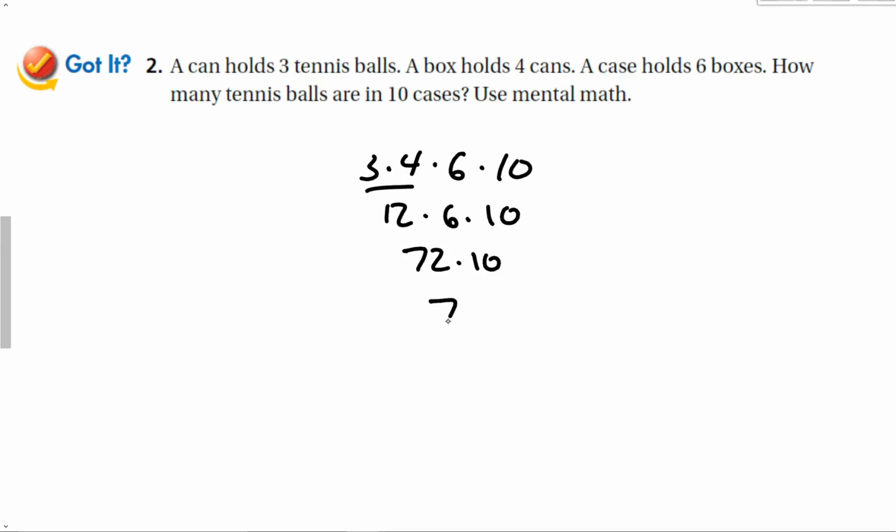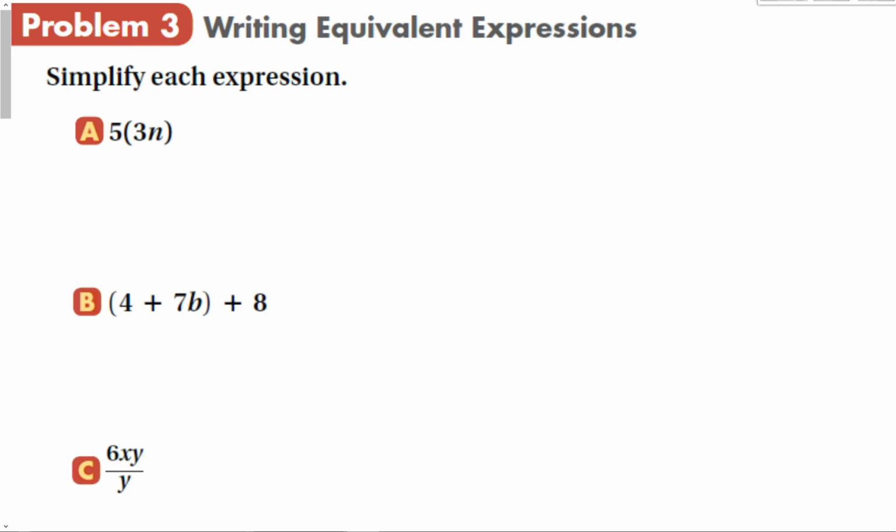I'm going to save the 10 for last because that was the easiest one. So that's going to give me 720. Not as big of a jump in which one you should combine as the beginning problem, but it's still easier to multiply things first.